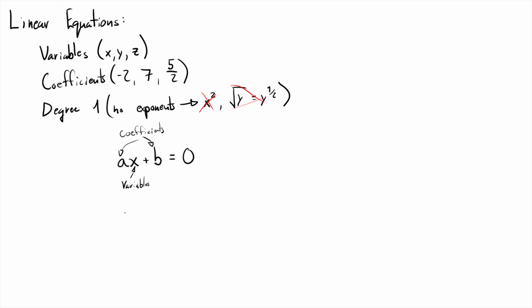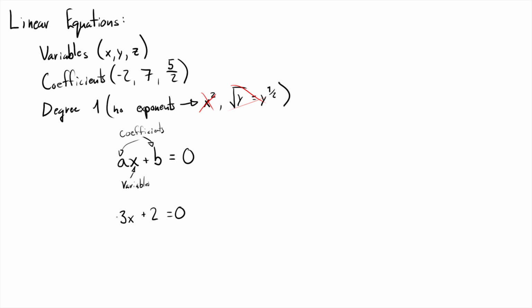So for example, we could have 3x plus 2 equals 0. In this case, our coefficients a and b have been changed to +3 and +2, and our variable is x. So this is, in fact, a linear equation.